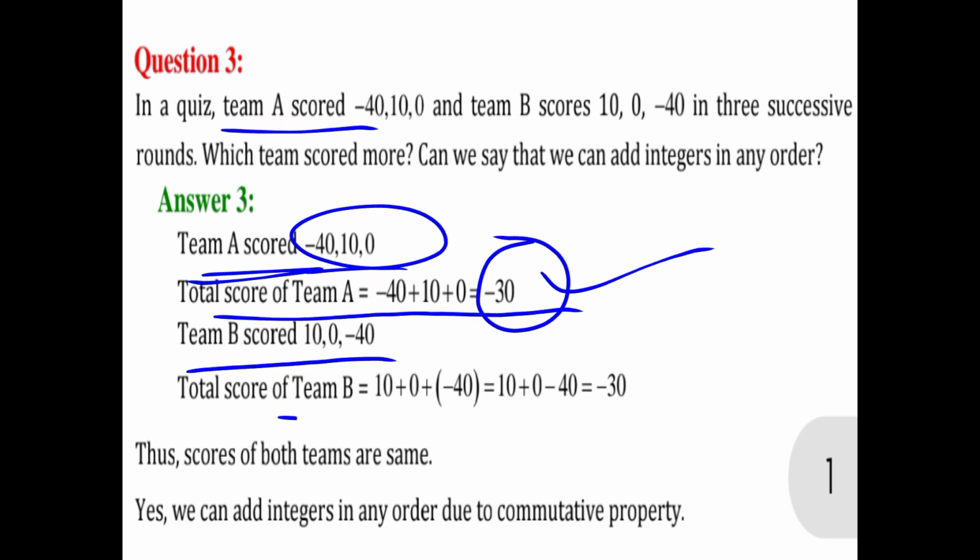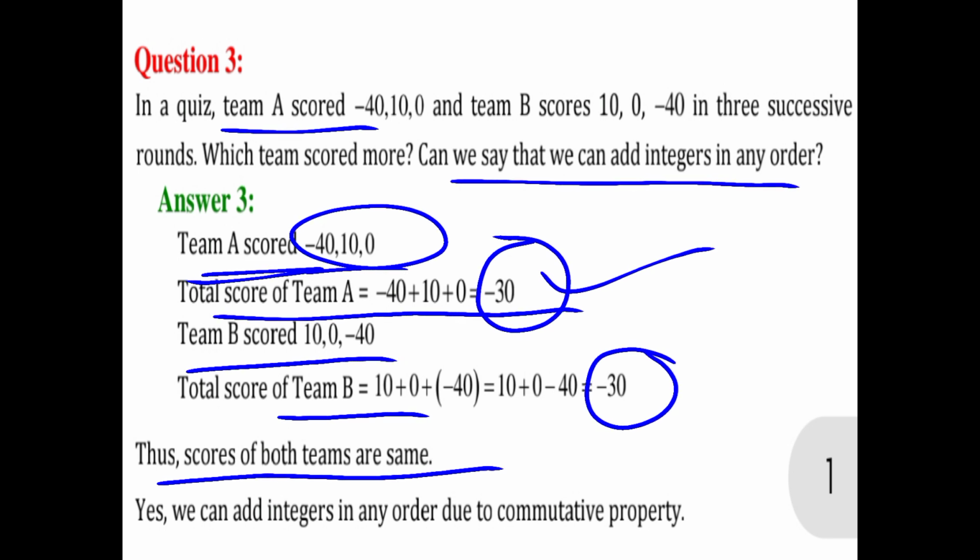Their score will also be -30. Thus the scores of both teams are the same. Another part is: can we add integers in any order? Yes, we can add integers in any order, because integers are commutative for addition, because of the commutative property.